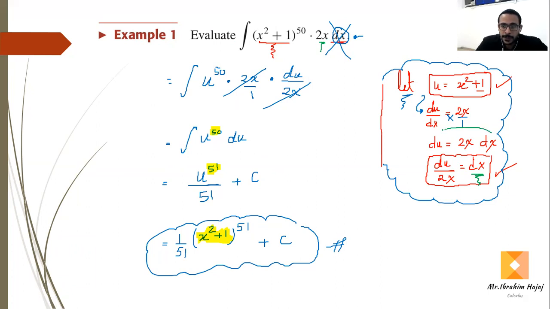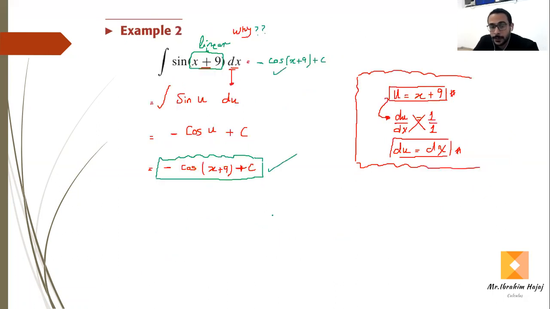From here you can replace it also: remove 2x dx all and put du, and don't do the next step here. Then find the integral of u to the power 50 as u to the power 51 over 51 plus c. Then return the u to its original value, x squared plus 1.